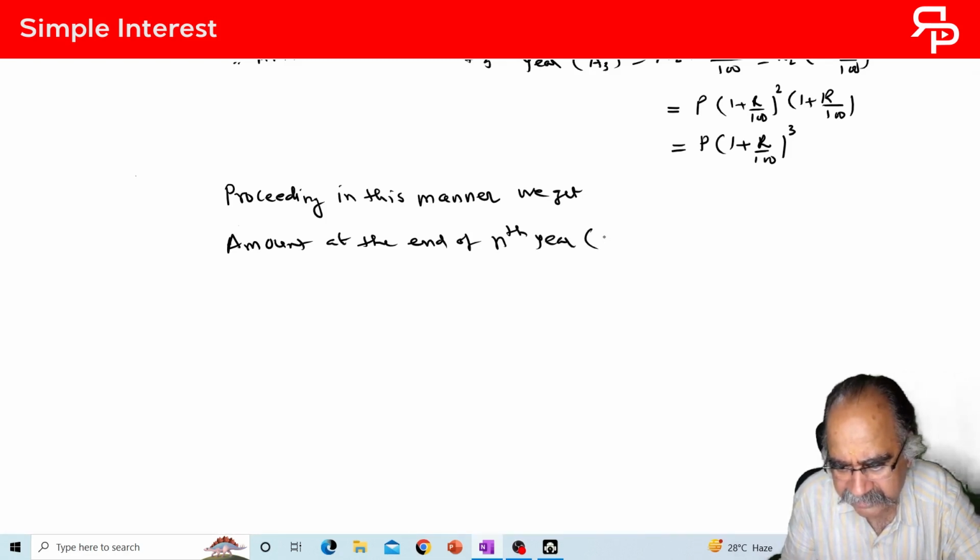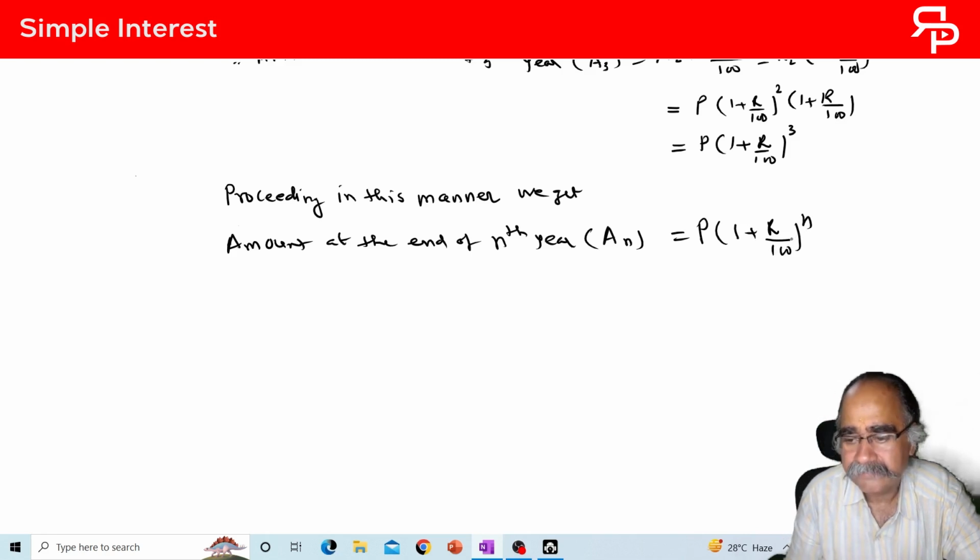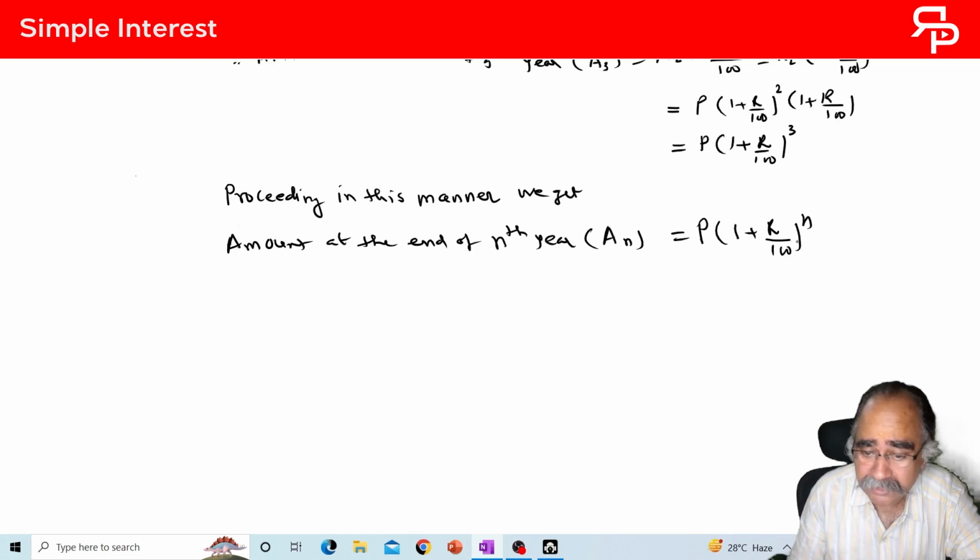If you want, you can write it as An will become P into 1 plus R by 100 raised to n. Now this is the amount.